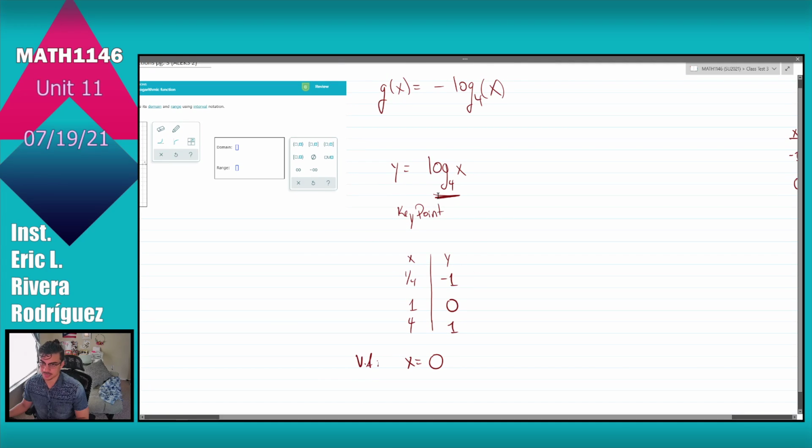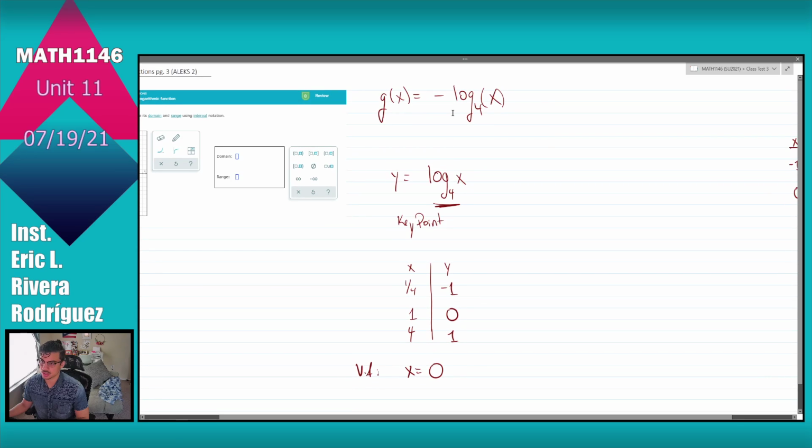Now let's identify the transformation. The transformation here is just one. What we have here is a vertical reflection, so that means that all the y values are going to be multiplied by -1.